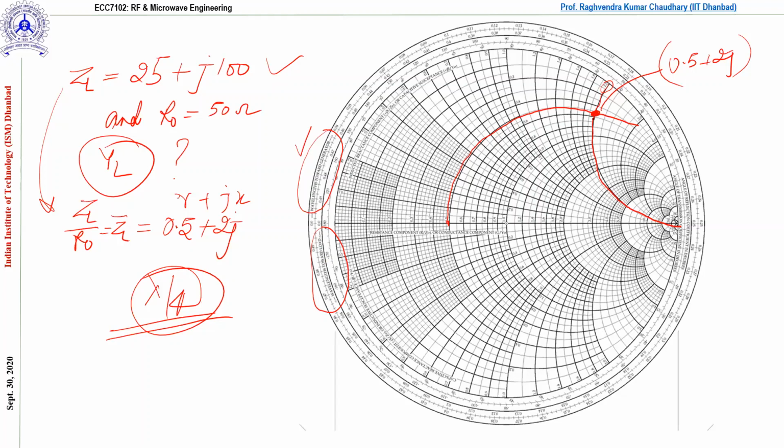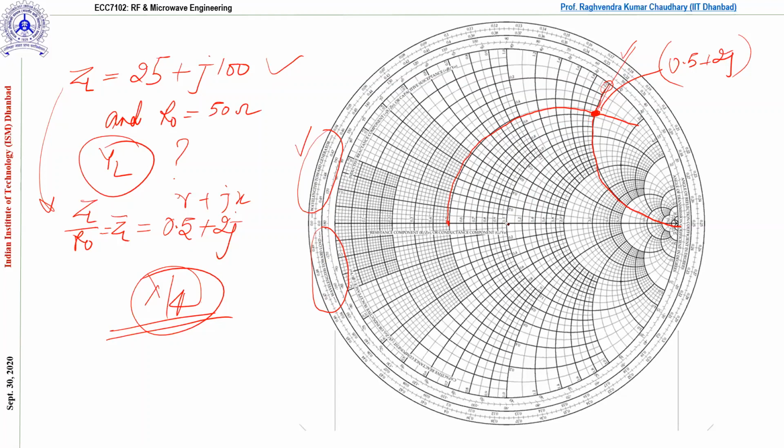So we have to move lambda by 4. You mark a point here over the outer scale and add 0.25 to it. If you add 0.25, you will be exactly going opposite of this point.